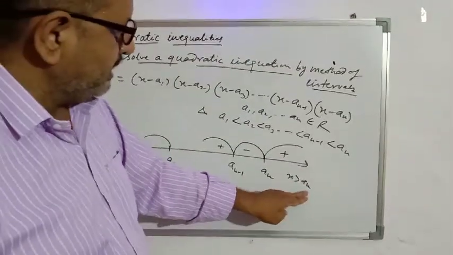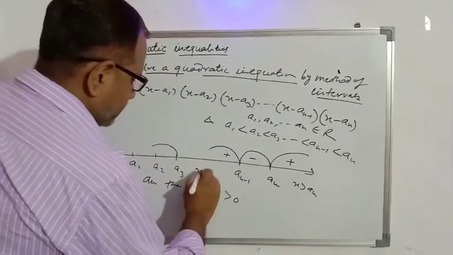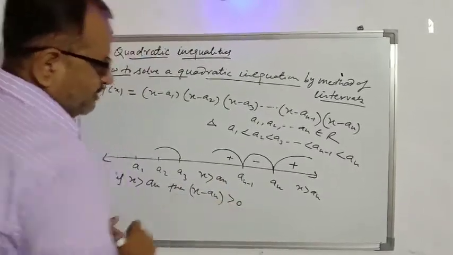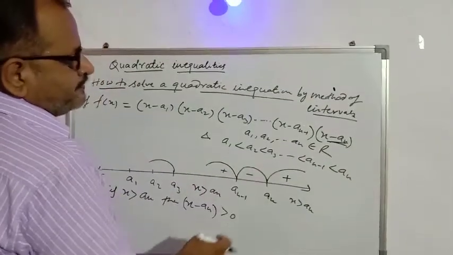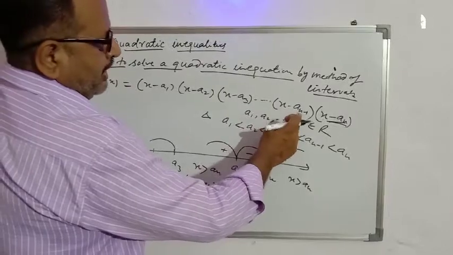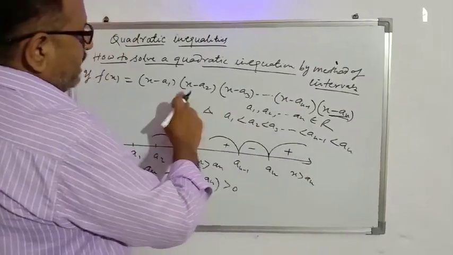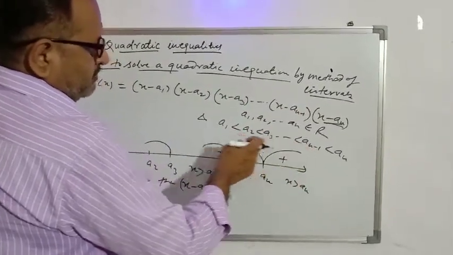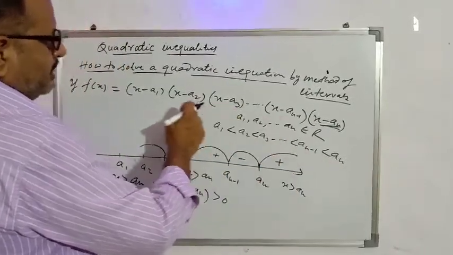If x greater than an, transpose an to the left side, so x minus an will be greater than 0. So this bracket is positive. Since x is greater than an, and a(n-1) less than an, so this bracket is also positive. a1, a2, a3 up to a(n-1), all these values are less than an, so these brackets will be positive.